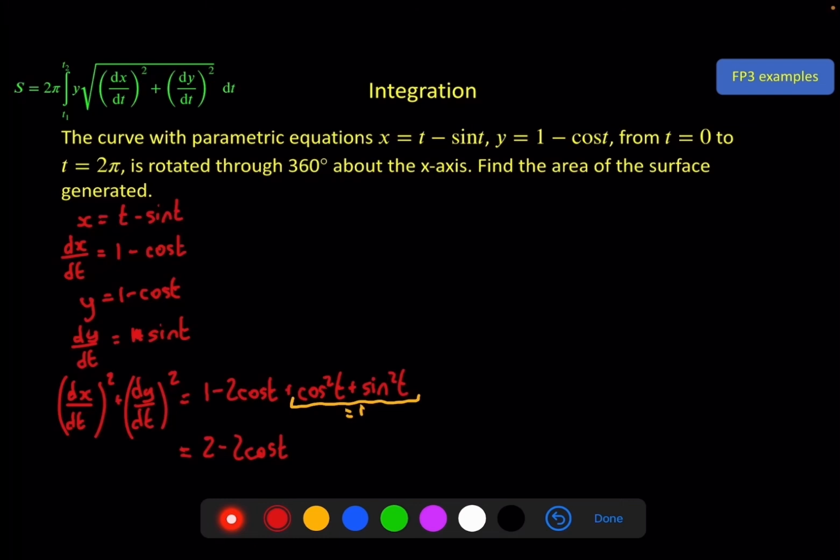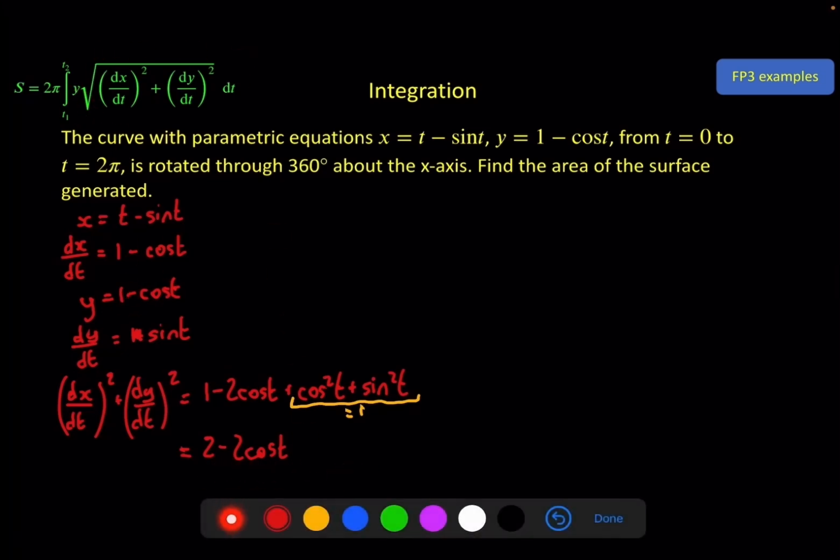Now, what we're going to do is square root this and multiply it by y, which is 1 minus cos t. And if you were to factorize this, 2 brackets 1 minus cos t. So we've got 1 minus cos t coming up quite a lot here. But we're going to have 1 minus cos t times the square root of 2 times 1 minus cos t.